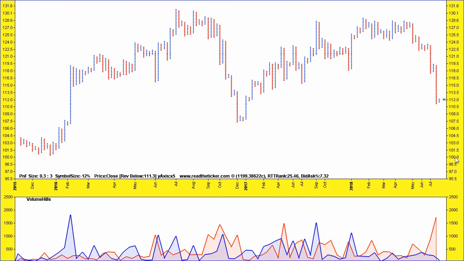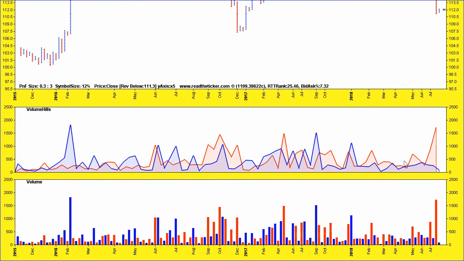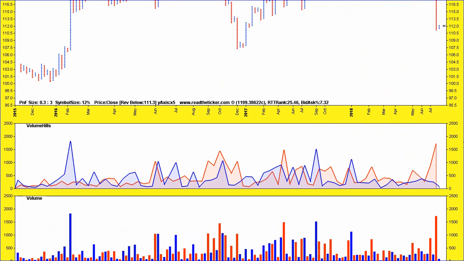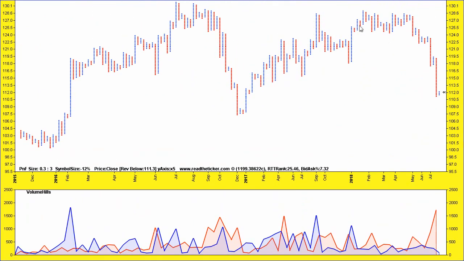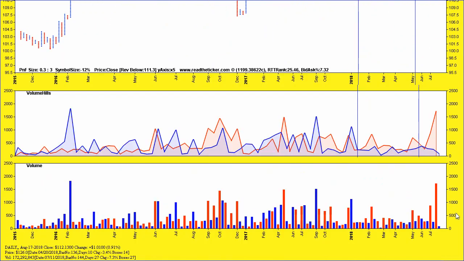As we can see here, the volume hills indicator is just drawing the top line of the point and figure volume per bar. There's the bar or the wave, right? The peaks and troughs. We can see that for this period here, pretty much the red hills or the red volume bars were higher than the blue.